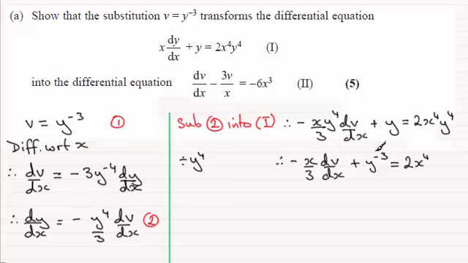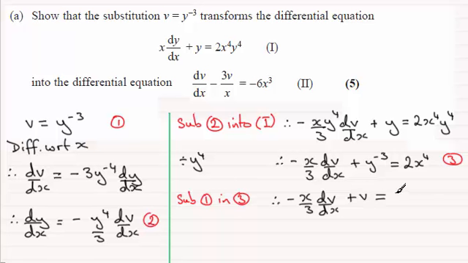And then if we substitute what we have in 1, let's just put that in, sub 1 in, and we call this equation 3. In 3, what we've obviously got now is minus x over 3 dv by dx plus v equals 2x to the 4.